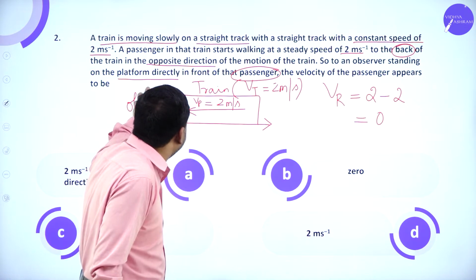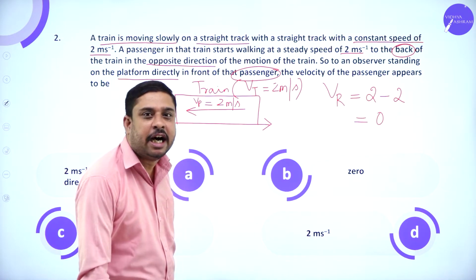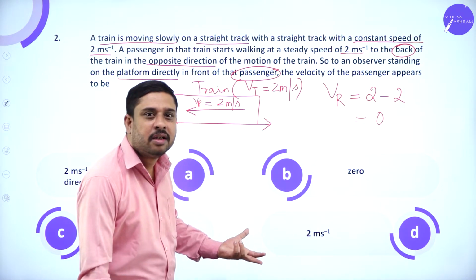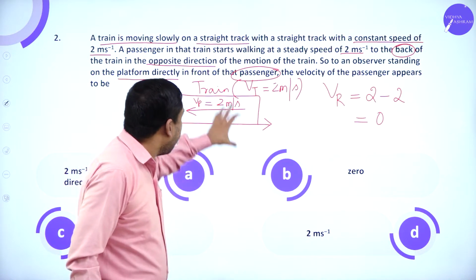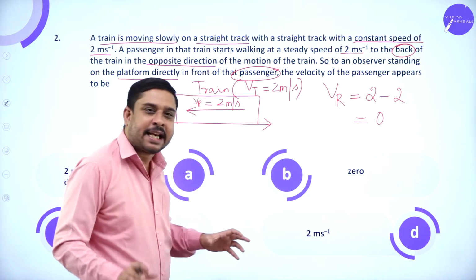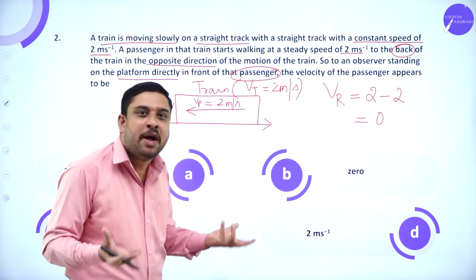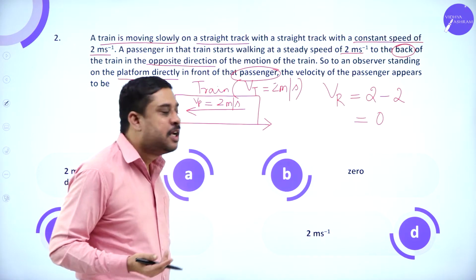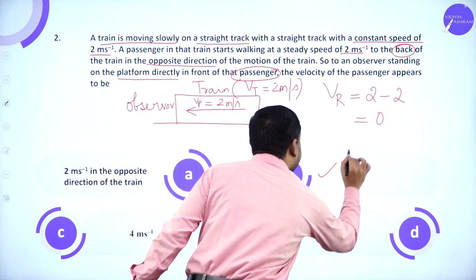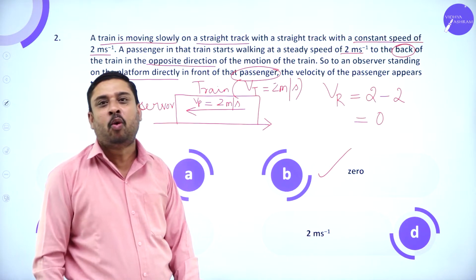Now, for this observer, the velocity of the passenger should be what? They are in 2 different frames. And in this first frame, the relative velocity is 0. And that is what will appear to the observer outside. So again here, the relative velocity is 0.